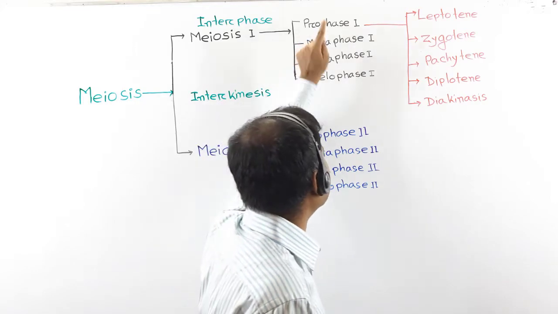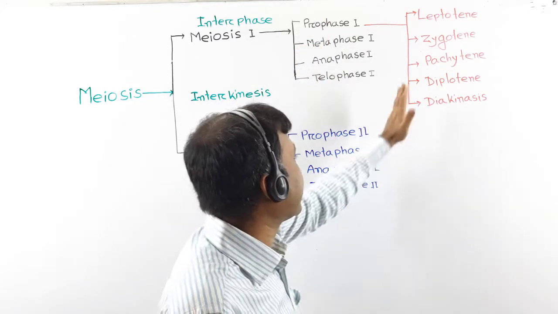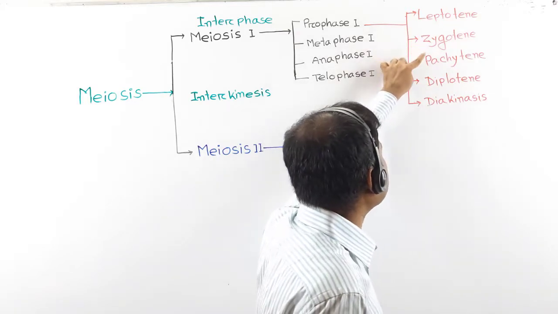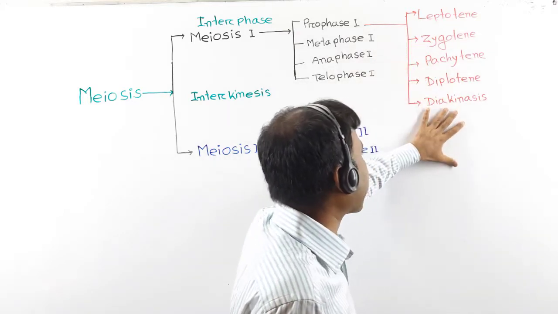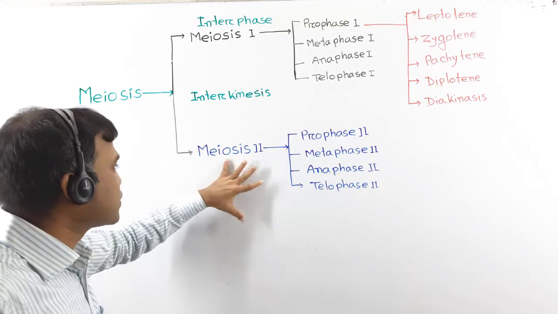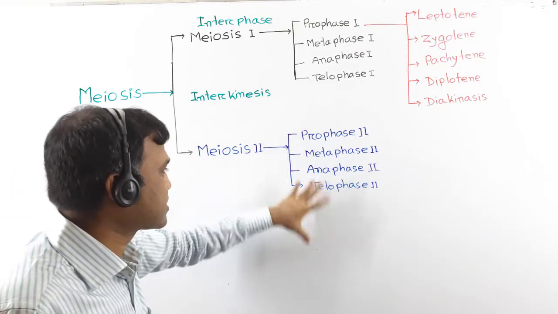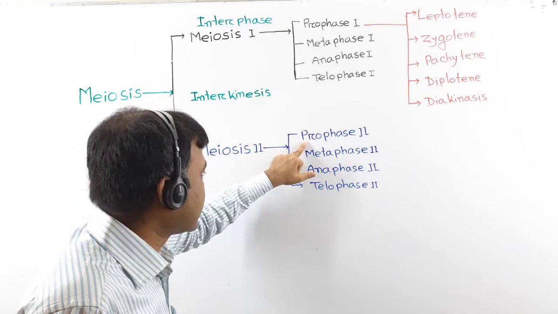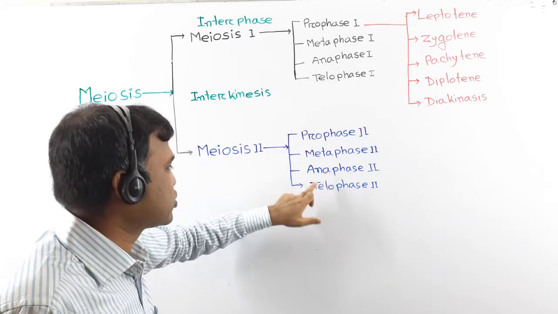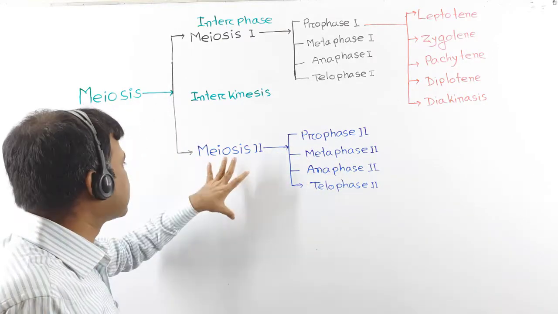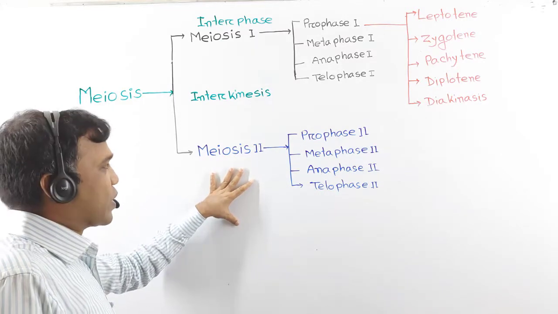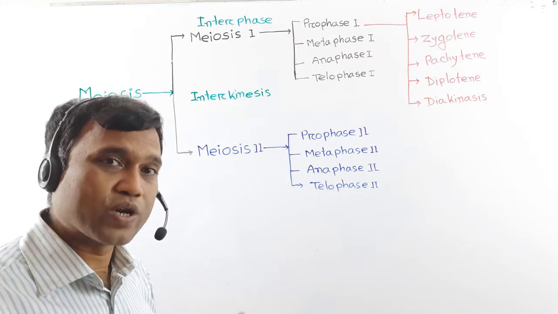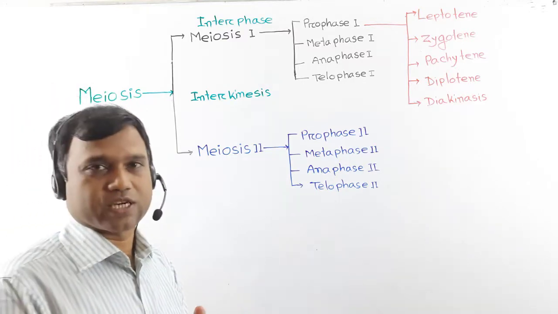Prophase 1 is completed in 5 substages: leptotene, zygotene, pachytene, diplotene and diakinesis. Meiosis 2 is completed in 4 stages: prophase 2, metaphase 2, anaphase 2 and telophase 2. This meiosis 2 stage is similar to mitosis cell division.